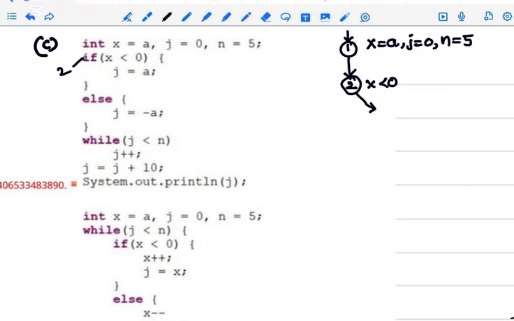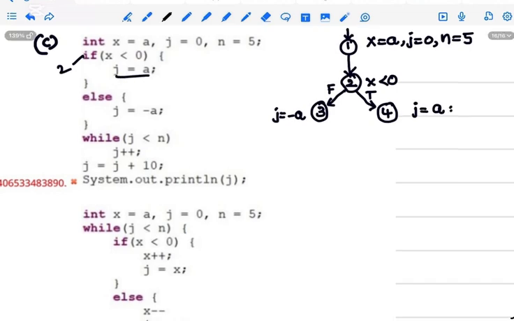If it is true, if it is false, we will number from left to right, that is better. Next node is 3, left to right and up to down, 3, 4. If it is false, j equals minus a. If it is true, j equals plus a, that is j equals a only.